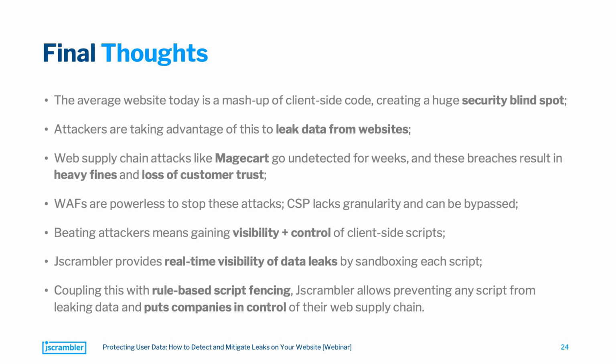And this is precisely what our web page integrity solution provides. On one hand, real-time visibility of data leaks by sandboxing each script. On the other hand, rule-based script fencing, which can prevent any script from leaking data. When combined, these approaches put the control of the web supply chain in the hands of the companies, allowing them to effectively prevent client-side data leaks.